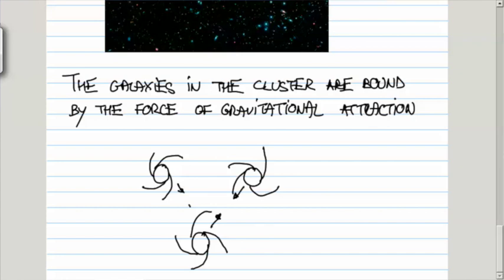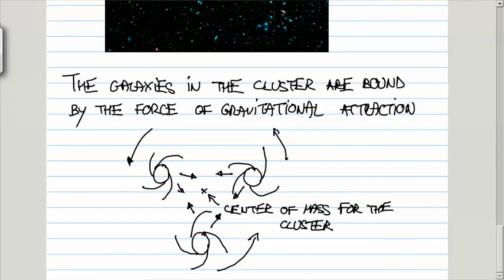They tug on each other with the force of gravitational attraction. And as a result, they orbit some common center of mass. So they revolve around the center of mass of the cluster.